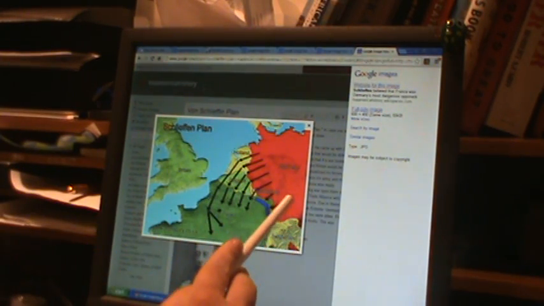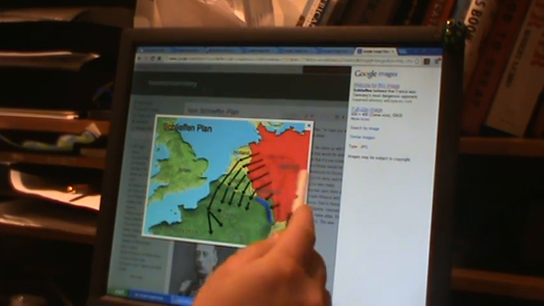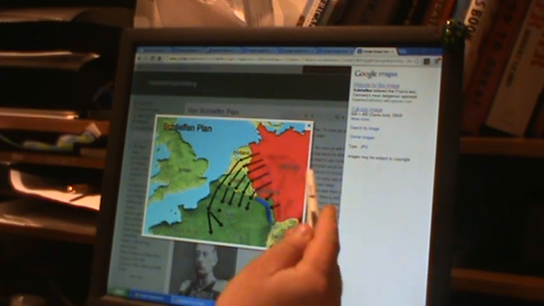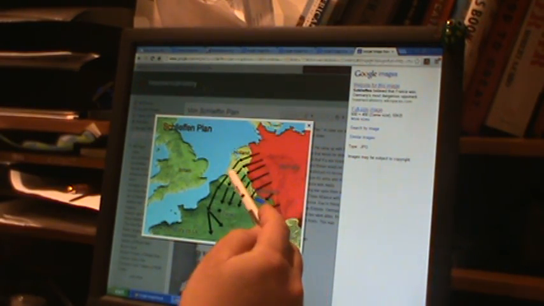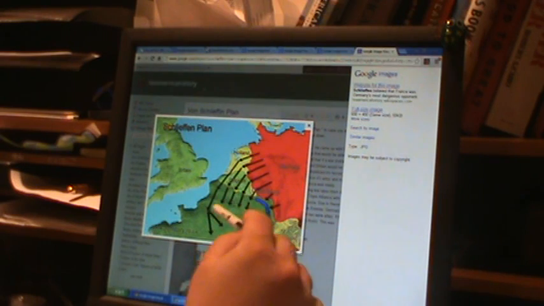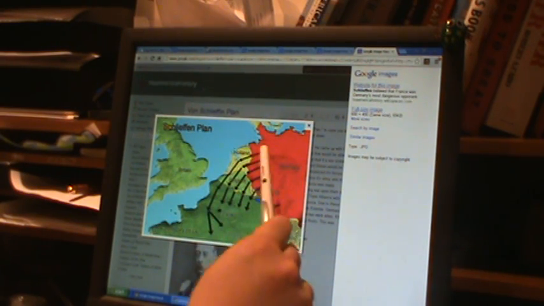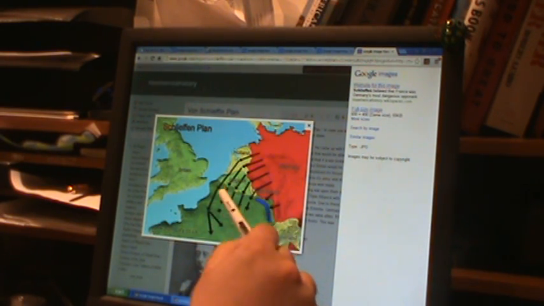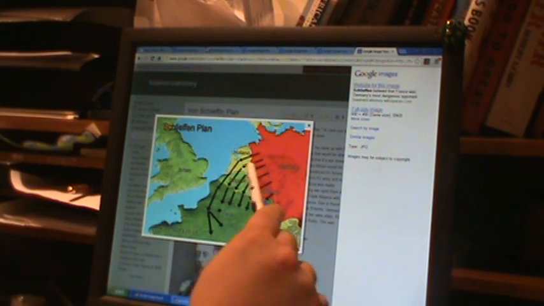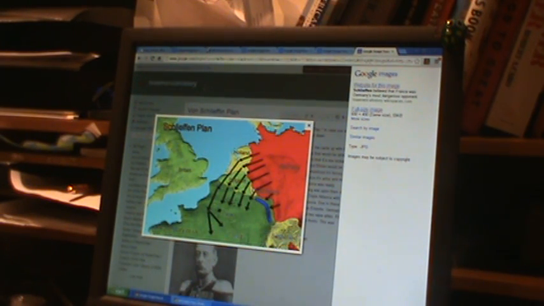The Schlieffen Plan said that Germany would do a big right hook, like a boxer's punch, through Holland and Belgium, descending on the French capital of Paris from the north. That this maneuver, the attack and then the surrounding of Paris, would only take 6 weeks.